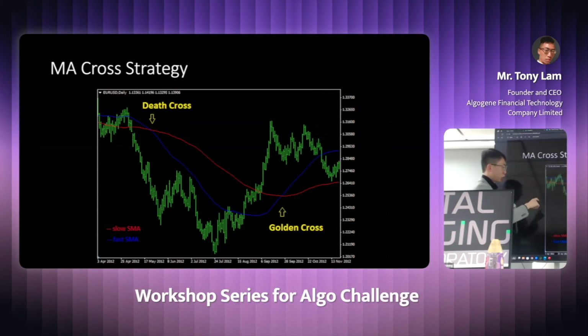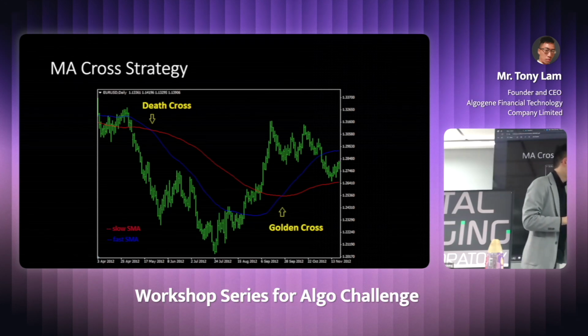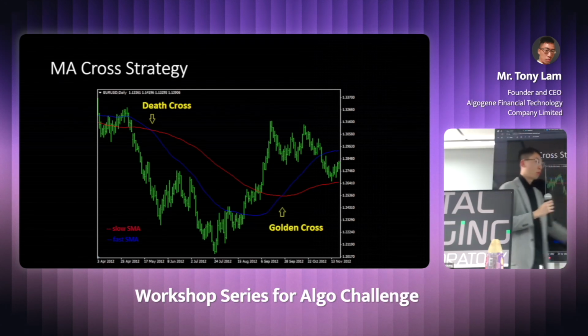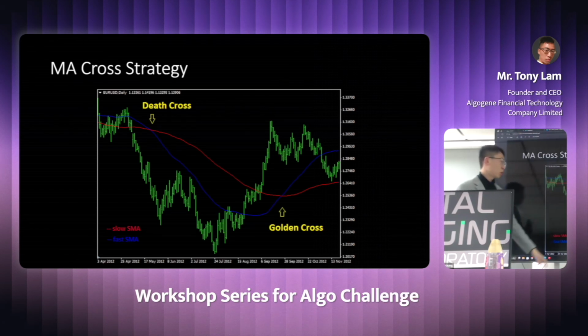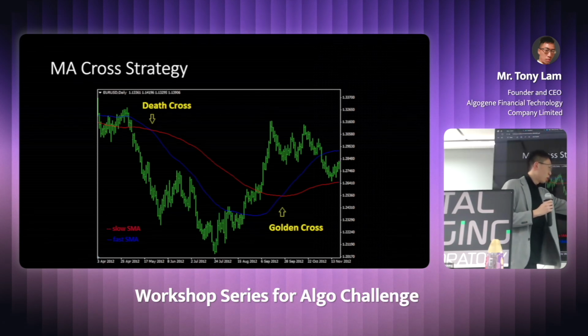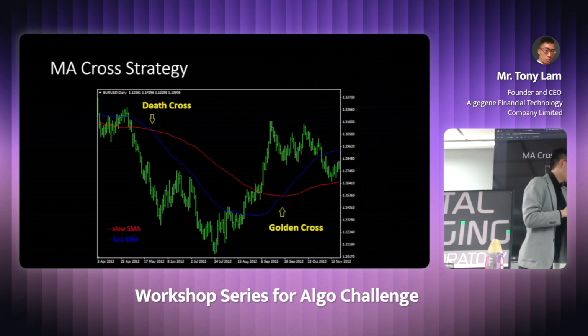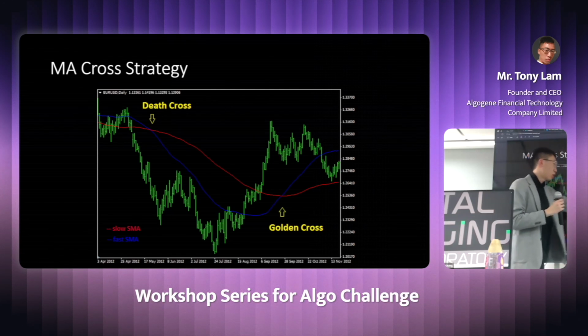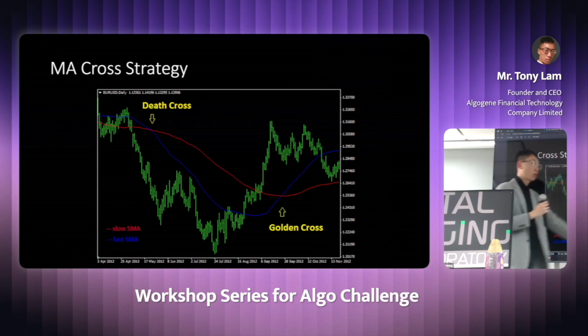So the idea of this trading strategy is to compare the value between the fast MA and slow MA. Let's say if the fast MA crosses the slow MA from the bottom up, you might suggest that the current market has a short-term upward trend. So you suggest a buy signal here. We call it the golden cross.